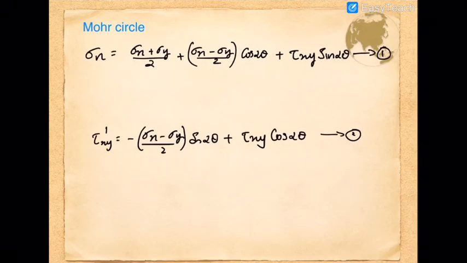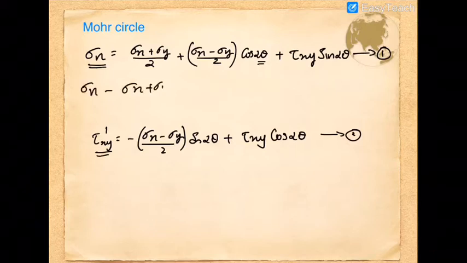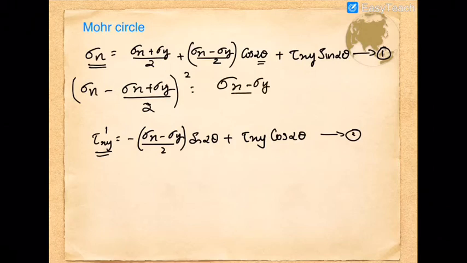So again, come to the analytical part. Suppose this equation gives sigma n, the normal stress on an arbitrary plane at an angle theta with the vertical, and this is the shear stress acting. We can rearrange this into (sigma n minus (sigma x plus sigma y) by 2), the whole squared, and the right hand side becomes ((sigma x minus sigma y) by 2 cos 2 theta plus tau xy sin 2 theta), the whole squared.